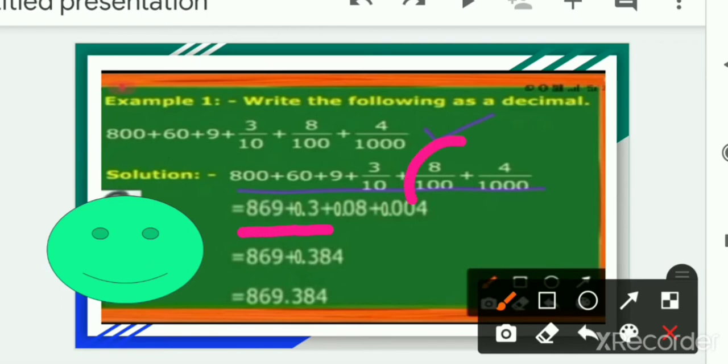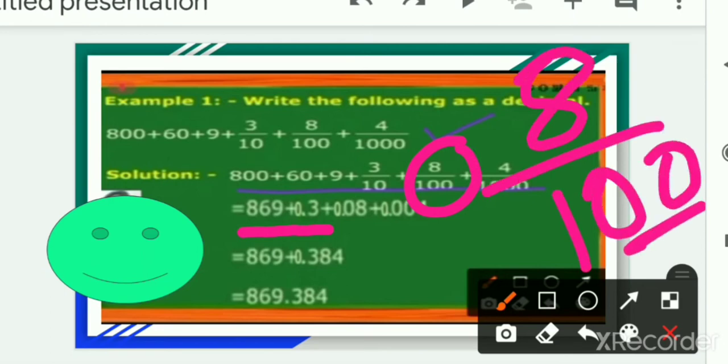Now we will divide 8 by 100. It has two zeros down, so we have to make two digits in front of that. It is 8, and in front of 8 we put one zero. Now two zeros are down and two digits are up, so in front of the two digits we make a point. So it will be 0.08.